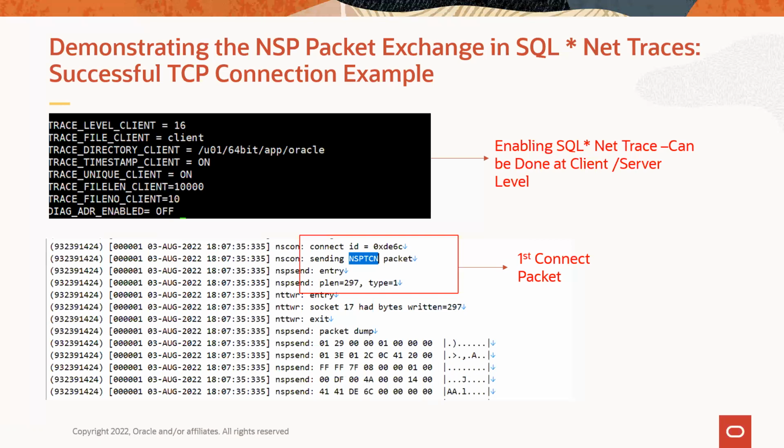So over here, I would explain a successful TCP protocol connection. What information do you see in this connection? As I said, when a client connects to the database, it goes with the connection string. The first connection string goes, and the packet is represented with the prefix NSPTCN. That's the connect packet information.